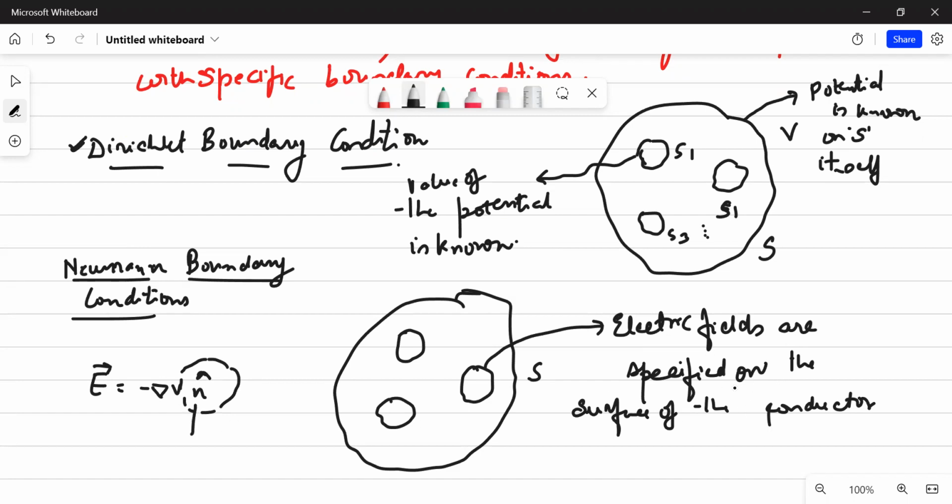So electric fields are specified on the surface of the conductor, normal to the surface, because now you have to specify the direction also.